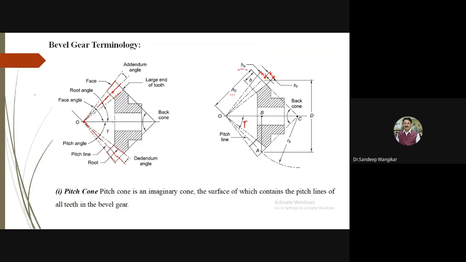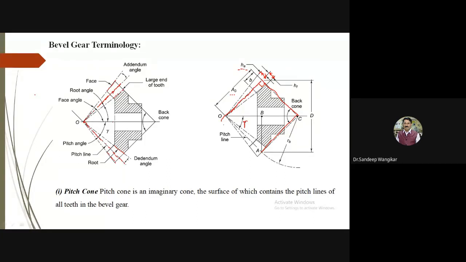So here you can see this. It is shown clearly here. So here you can see this is the back cone. Just for your understanding, I am highlighting: this is the back cone, and this is your pitch cone, and this is the right angle.